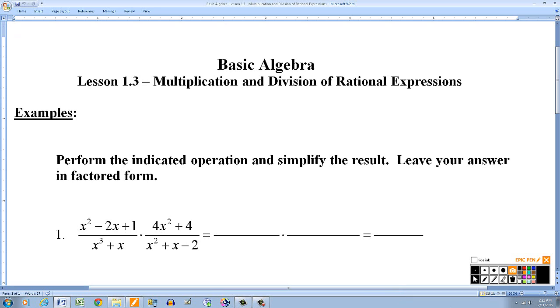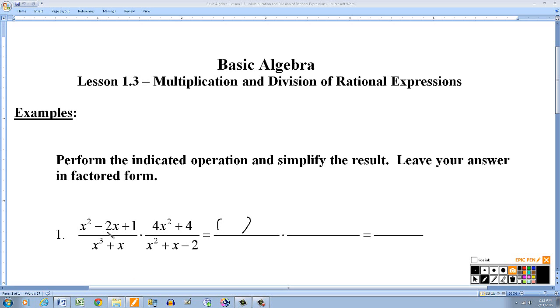So the first numerator is x squared minus 2x plus 1. There's no like factor there. So this is a trinomial, and it's going to factor into two factors. At least we assume it will. And again, remember, first of all, there's no common factor here other than 1, so there's nothing I can cancel.